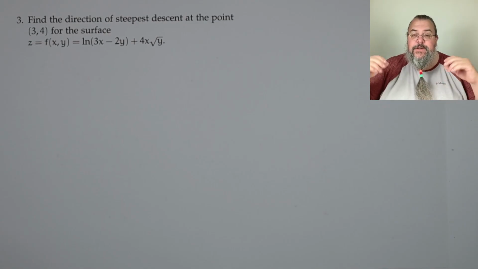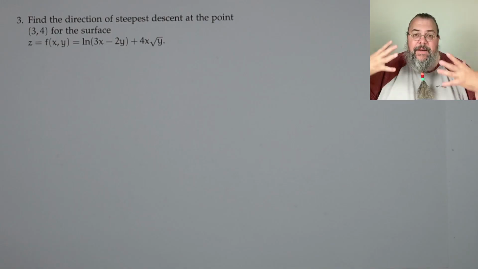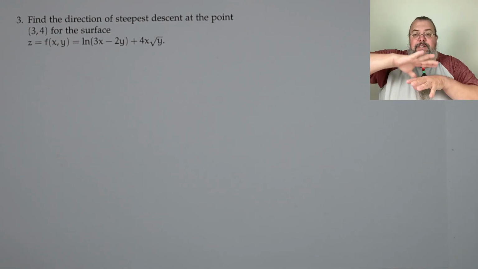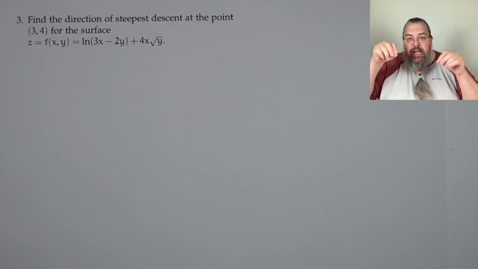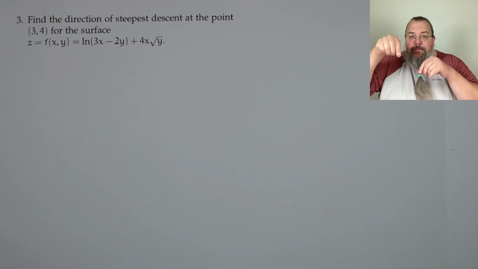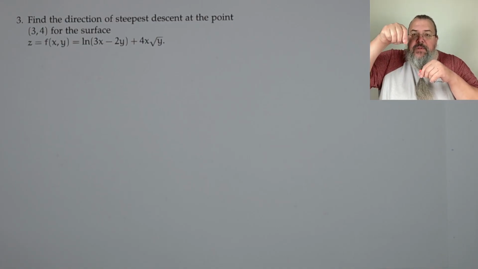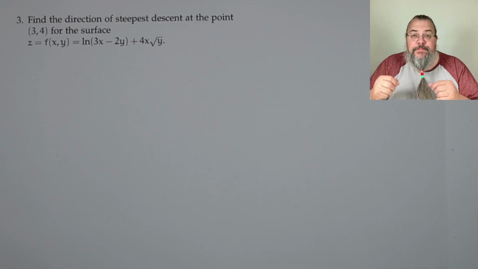Well, we're looking for steepest descent. So the idea is you're on some sort of surface, and you're standing on it, and you're like, okay, which way should I be moving so I'm going downhill fastest? In other words, I want the rate at which I'm going down to be as high as possible.